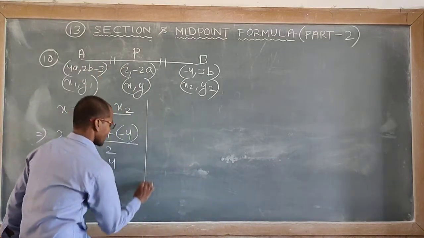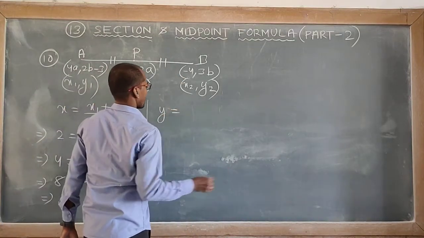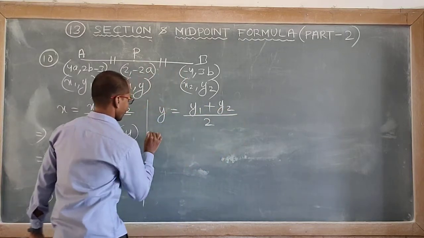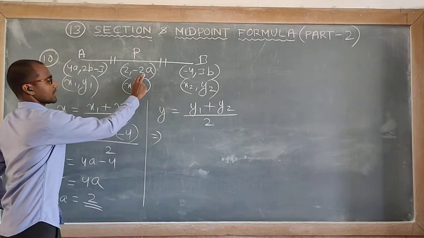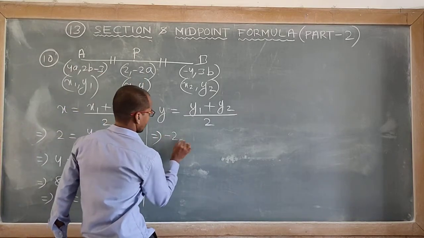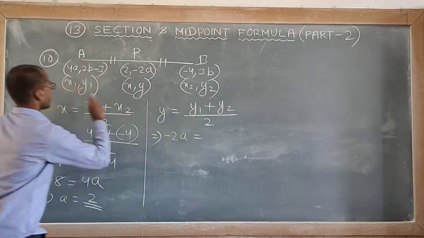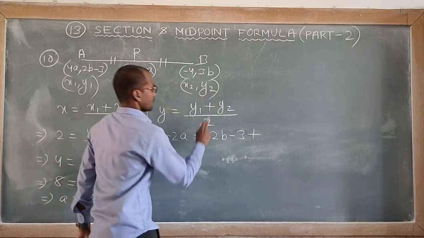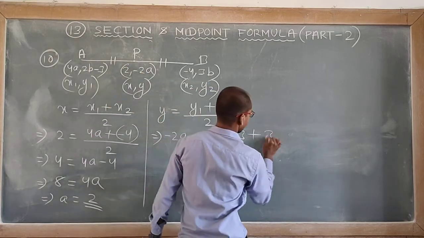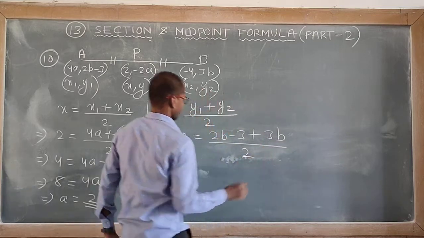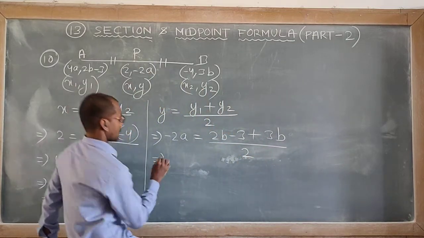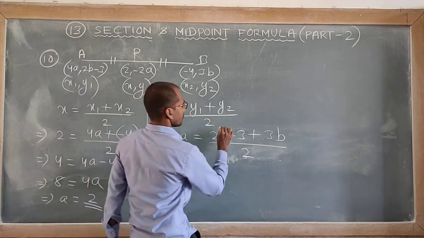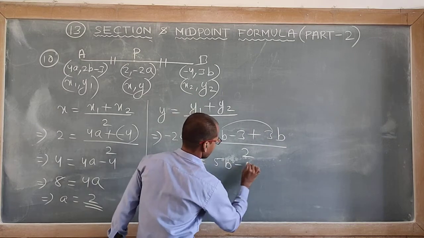Now let us go for b. Use the formula for y: (y1 plus y2) by 2. What is y? Minus 2a, as you can see. Minus 2a is equal to y1, which is 2b minus 3, plus y2, which is 3b, by 2. So bring the 2 to the left side. Minus 4a is equal to 2b plus 3b, which is 5b minus 3.